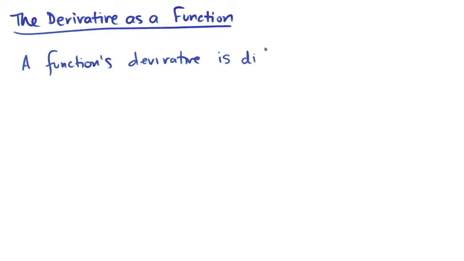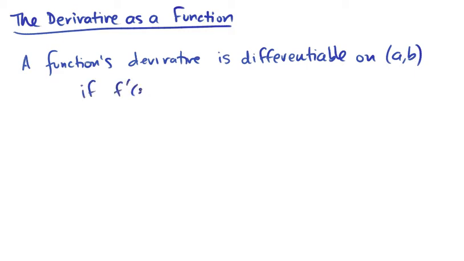We say differentiable on some interval (a, b) if the derivative exists on that same interval. There's a definition for you. Let's take a look at an example.